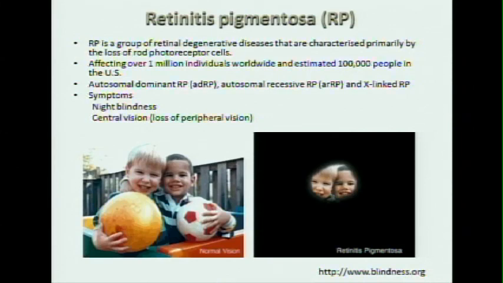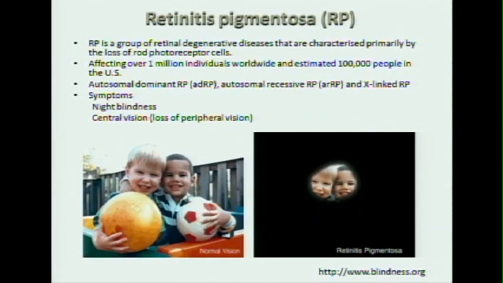Based on the pattern of inheritance, they are autosomal dominant, autosomal recessive, and X-linked retinitis pigmentosa. The symptoms include night blindness and loss of peripheral vision, causing tunnel vision as seen in the right picture here. Unfortunately, by far, there is no treatment for this blinding disease.